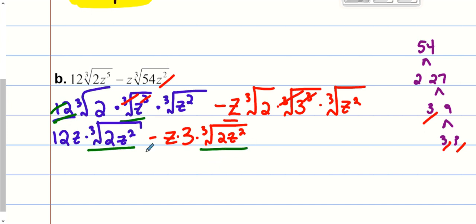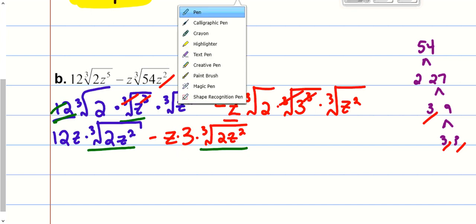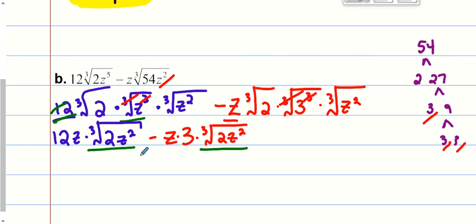And I have 12z, and written backwards I have 3z. So 12z minus 3z, because of my minus right there, 12 minus 3 is 8z times the cube root of 2z squared. And there's my answer.